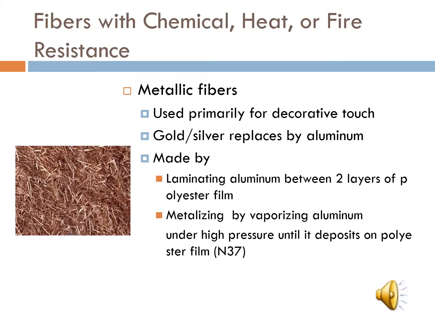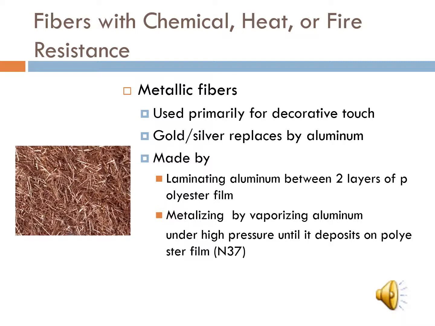Finally, we're going to talk really quickly about metallic fibers, which are used primarily for decoration on garments. So for our purposes, that's primarily what we're focused on here. Back in the day, gold and silver was actually used for those trims. Nowadays, the gold and silver has been replaced by aluminum, obviously due to the cost factor. There are two ways to make metallic fibers.